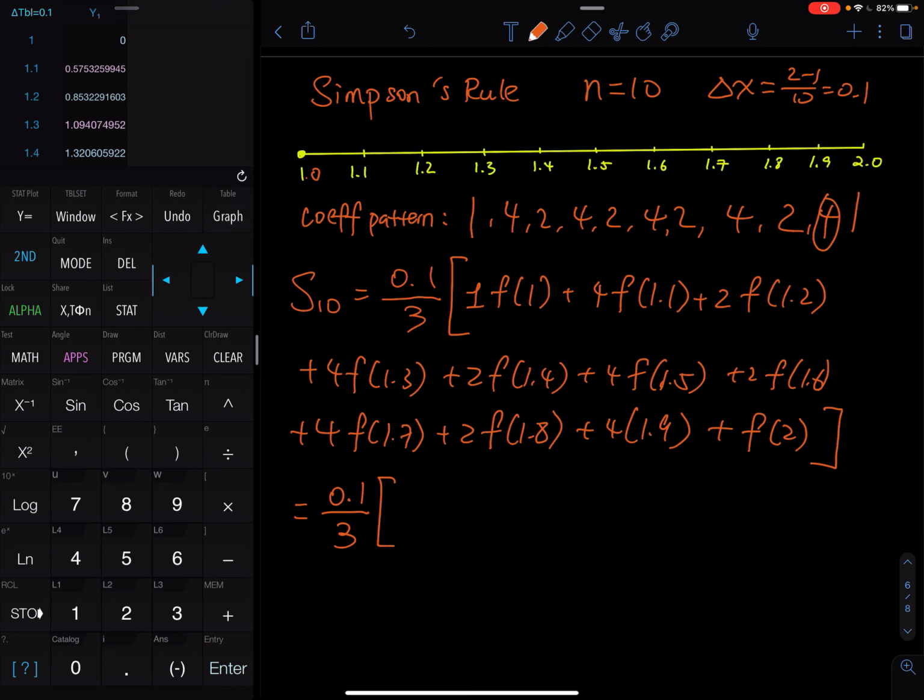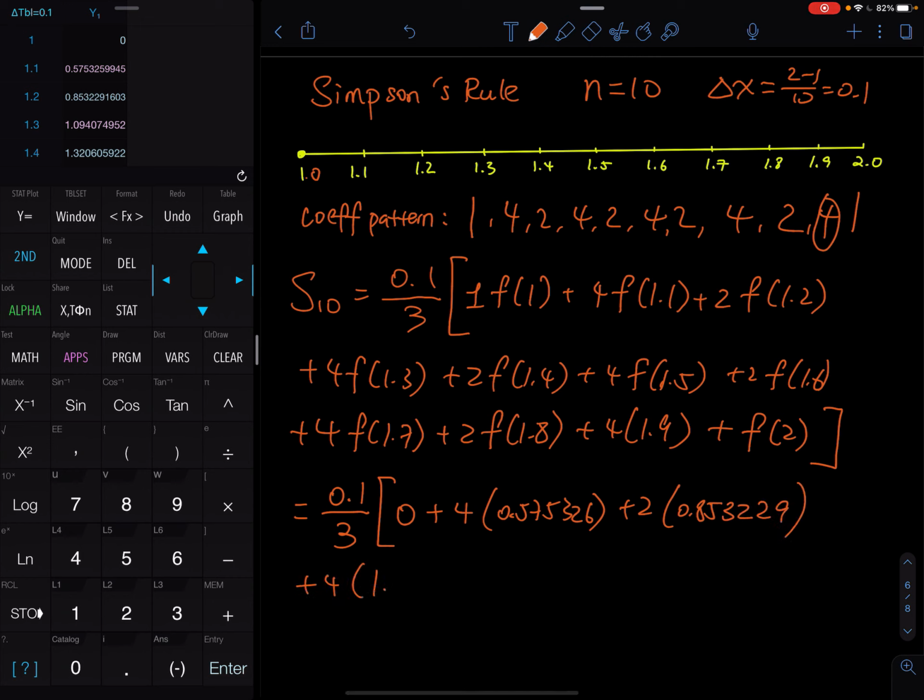So we have f of 1, so that will be a 0, and then 4 times 0.575326, and then 2 times 0.853229, and then plus 4 times 1.094075, and then 2 times 1.320606, and then I need more numbers.